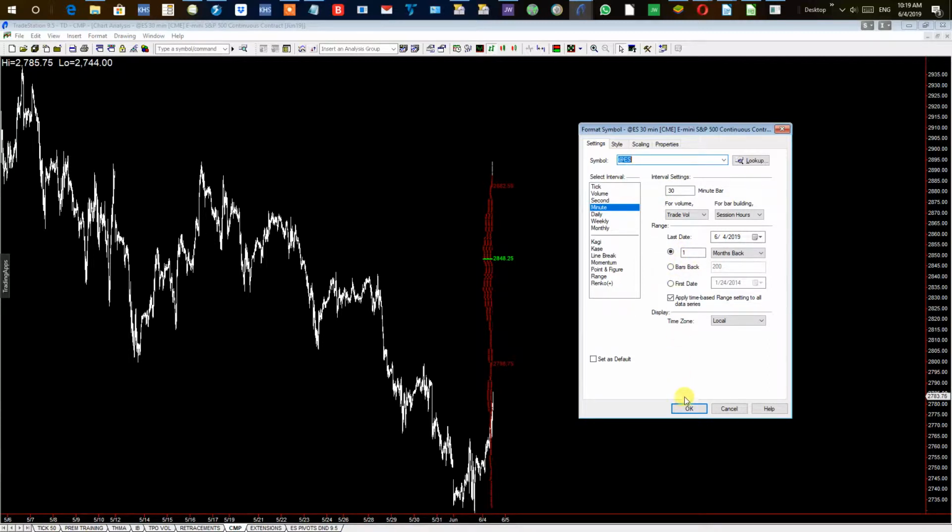And so the most recent profile shows us this particular profile with a low value area at 27.98. But supposing we go back 3 months?